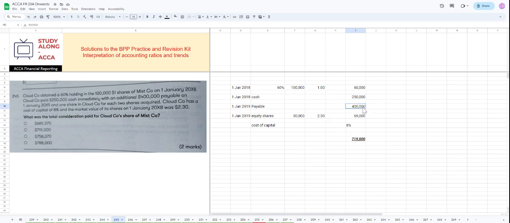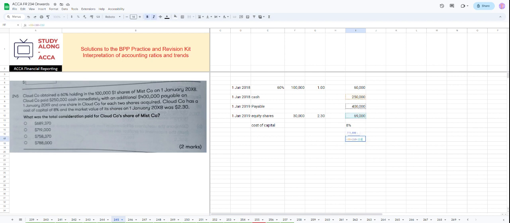But here is a catch on this 400,000. Actually, we will pay this on 1st January 19, and they are giving us this cost of capital also, which is 8%. So what we need to do, because we will be paying it in the next year, we need to do it at the present value.